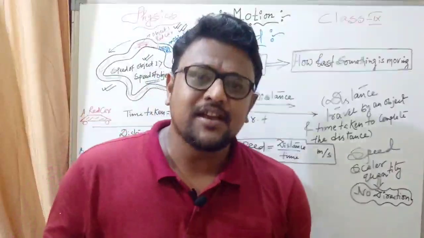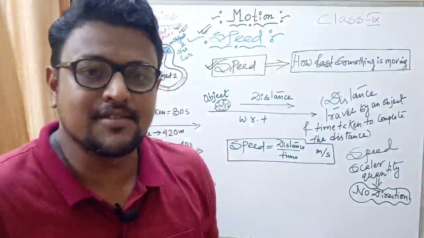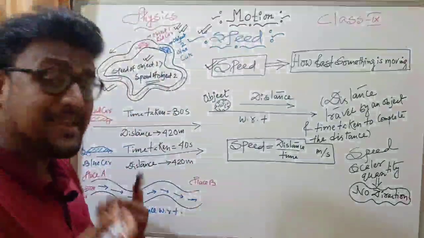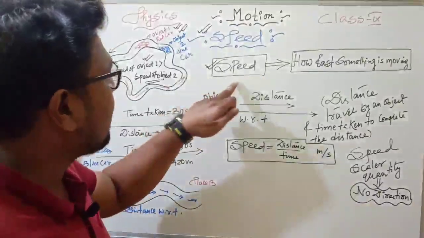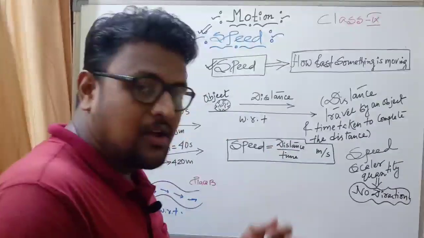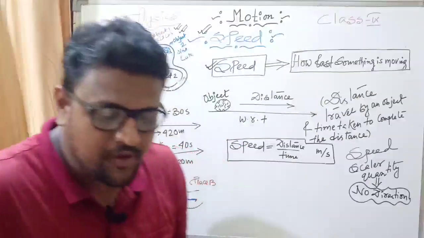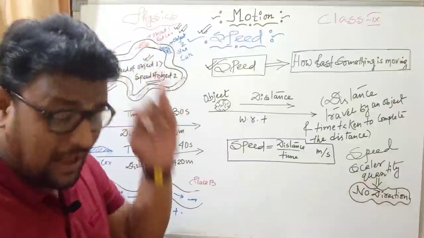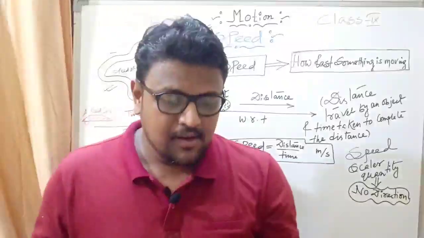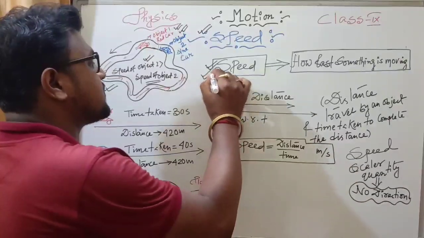Speed is that physical quantity which tells us how fast or slow an object is moving. So how do we define the basic concept of speed?